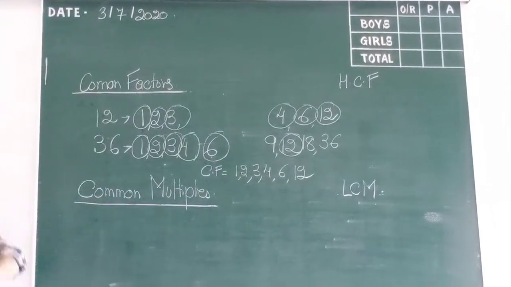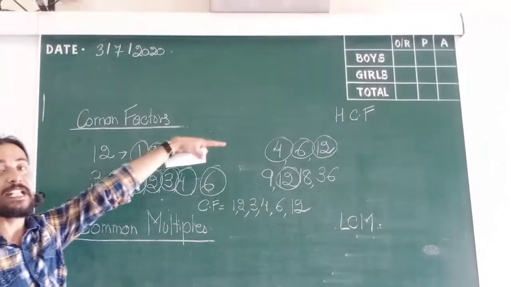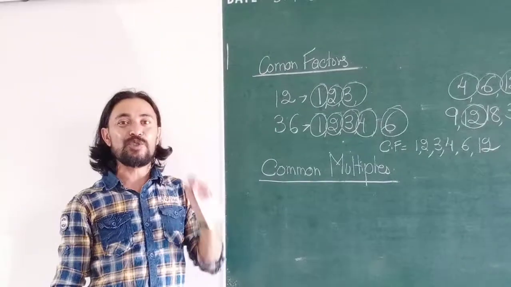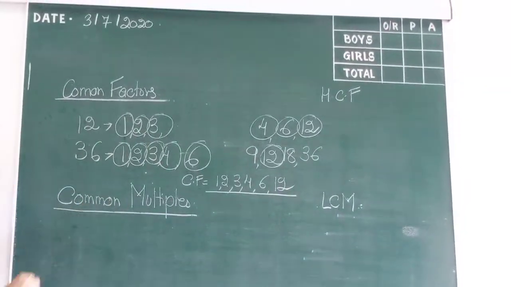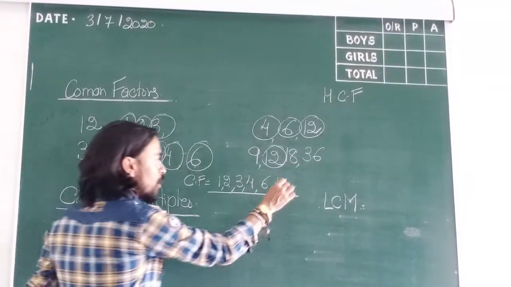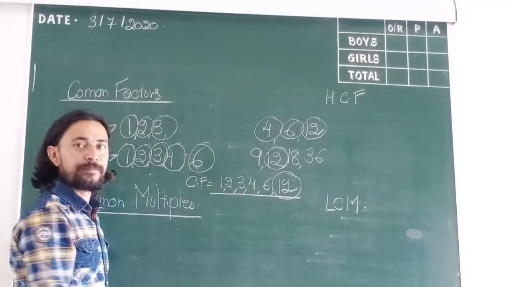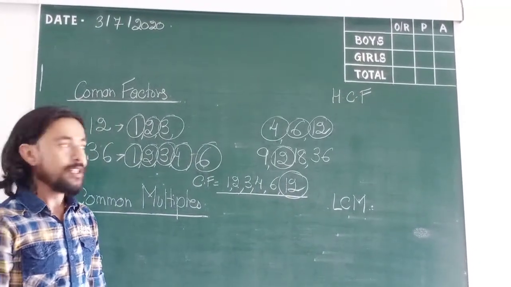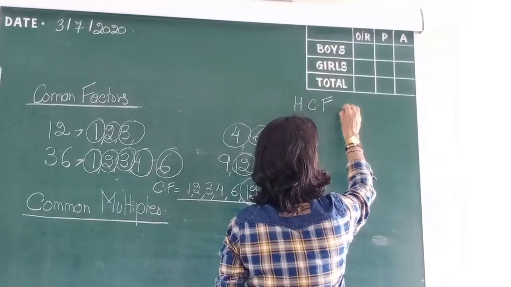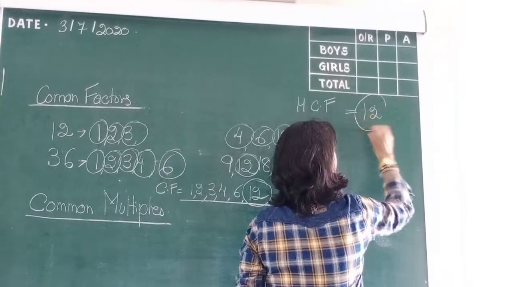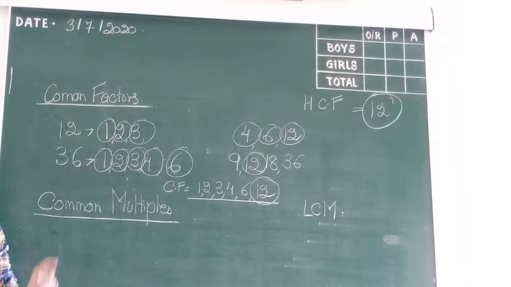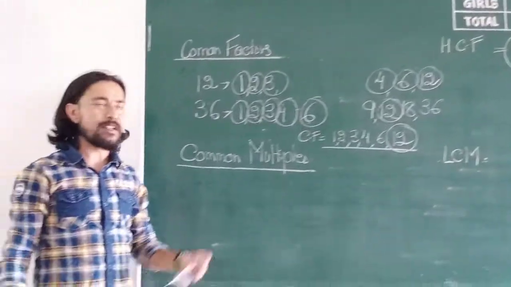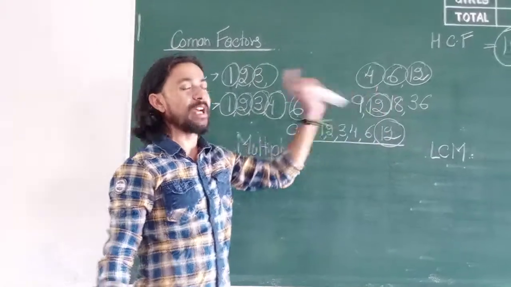Now why do I find common factors? Because that helps me to find HCF, which is called highest common factor. Now these are the common factors of these two numbers. Which is the highest one? 12 is the highest one, the biggest common factor. So the HCF of these two numbers will be 12. And that is why we teach you to find common factors. Till you don't find the common factors, how will you know which is the highest common factor amongst them?